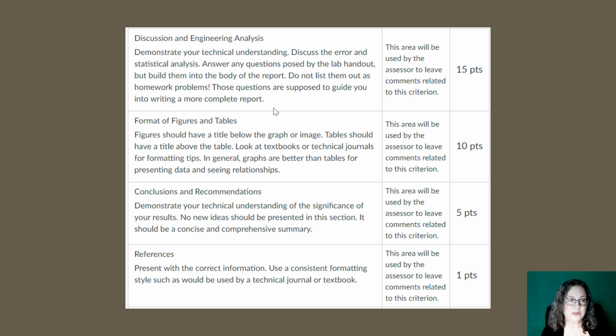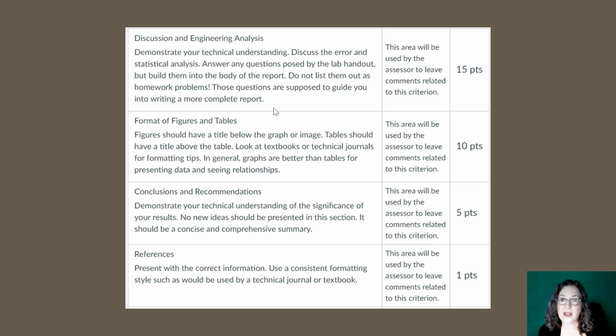Then there's 10 points for format of figures and tables, and I will have a video over that also. Okay? So figures have a title that goes below the graph. You're not going to have a title in the graph and below the graph. Okay, that's bad form. There's a lot of rules on that, and I'll have a separate video on that. Tables have a title that goes above the table.